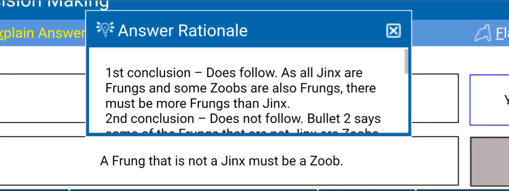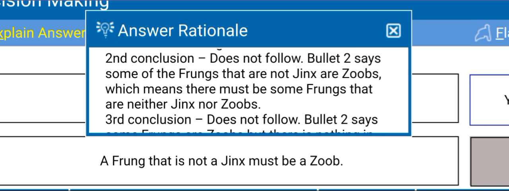Next we have the second conclusion, which says a frunk that is not a jink must be a zoob.